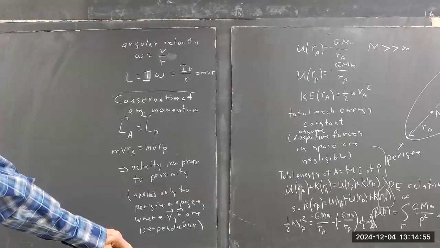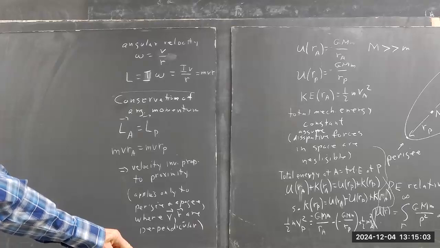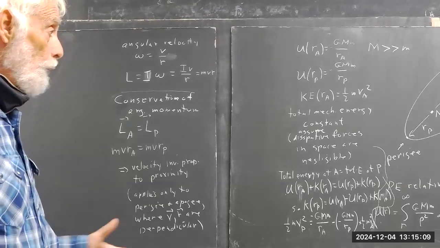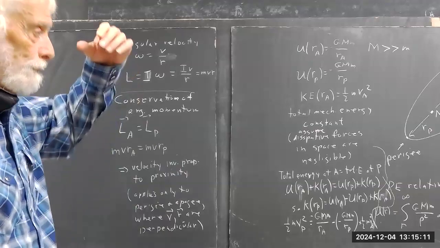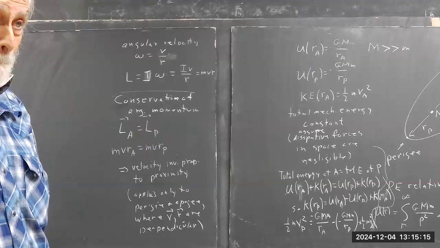They're perpendicular. Otherwise, you've got to use the r cross mv thing. All that just says you're twice as close, you're twice as fast. Okay.